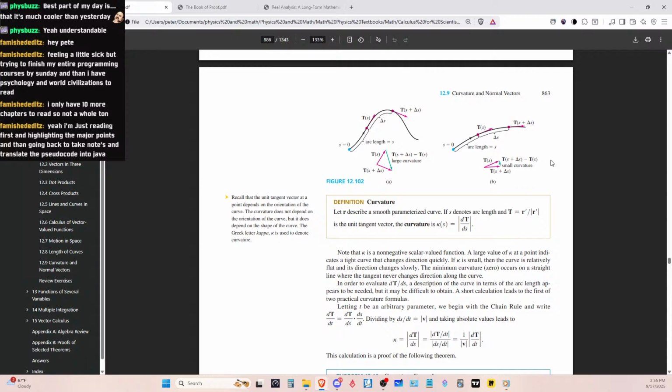If S denotes the arc length and T is the derivative of R over the magnitude of the derivative of R, the unit vector, the curvature is, okay, I always forget how to read this letter. Oh, kappa. Okay, kappa. At least the author stated that.